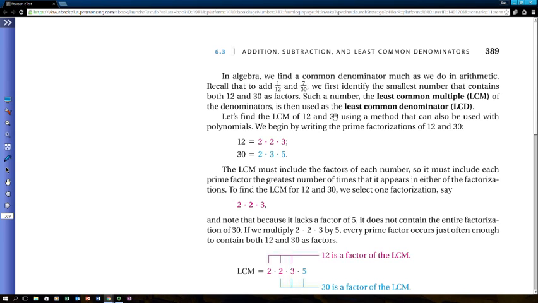Well, you could do that, I mean, just to remind you what multiples are. Multiples of 12 are 0, 12, 24, 36, 48, right? I'm just adding another 12, or another number higher times 12. Multiples of 30 are 0, excuse me, but we're not going to use zeros, and 30, 60, 90, and so on.